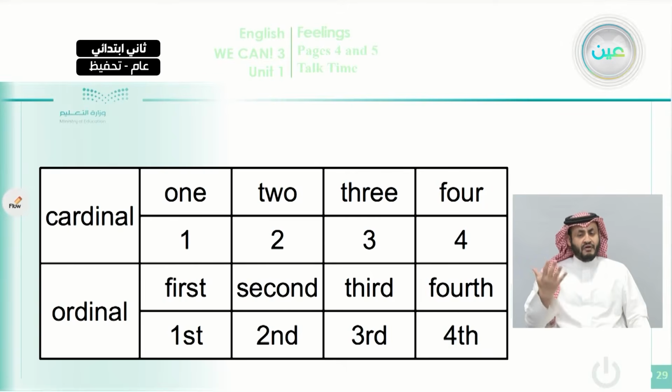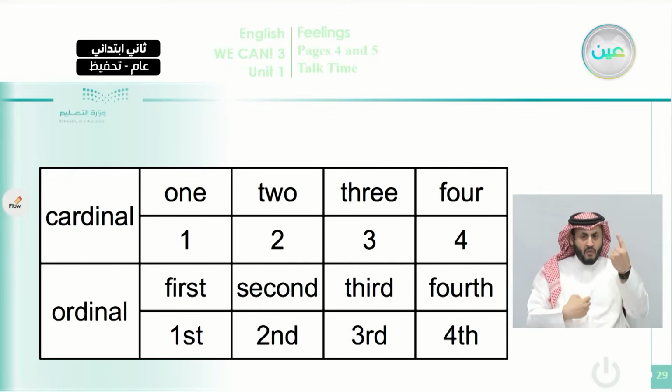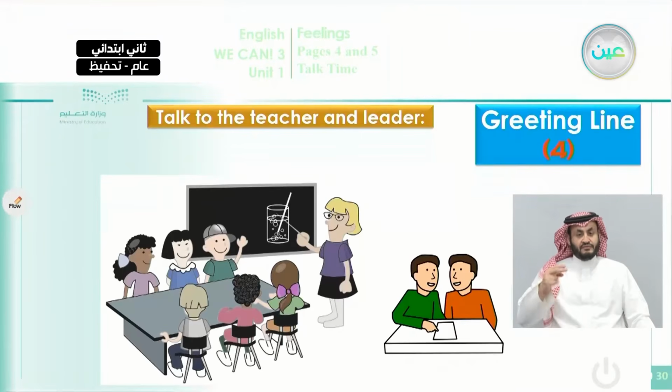But if we want to talk about the order of somebody or something, we can say first. 1 becomes first, 2 becomes second, 3 becomes third, 4 becomes fourth, and 5 becomes fifth, and so on.